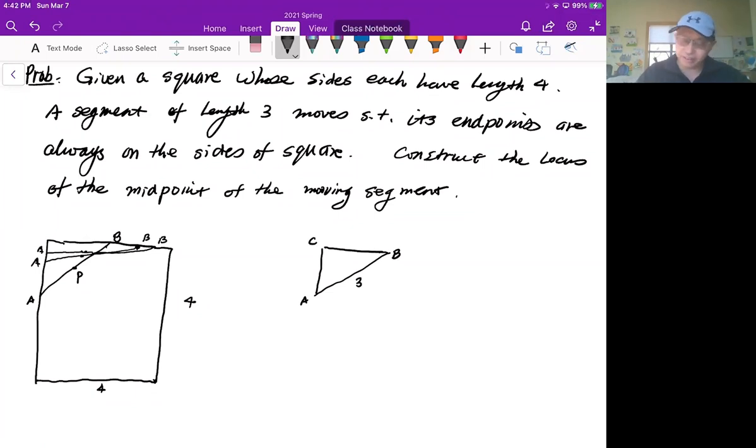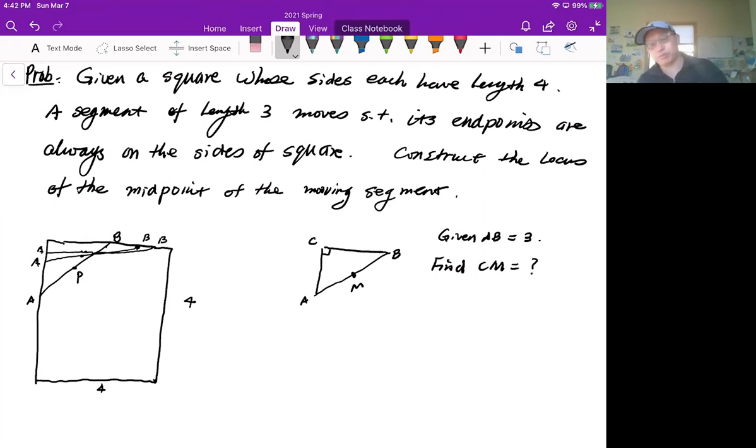The right angle is at C, and here's the midpoint, which I'll call M. So given this is a right triangle and AB is equal to 3, my question is that I need to find the length of CM.